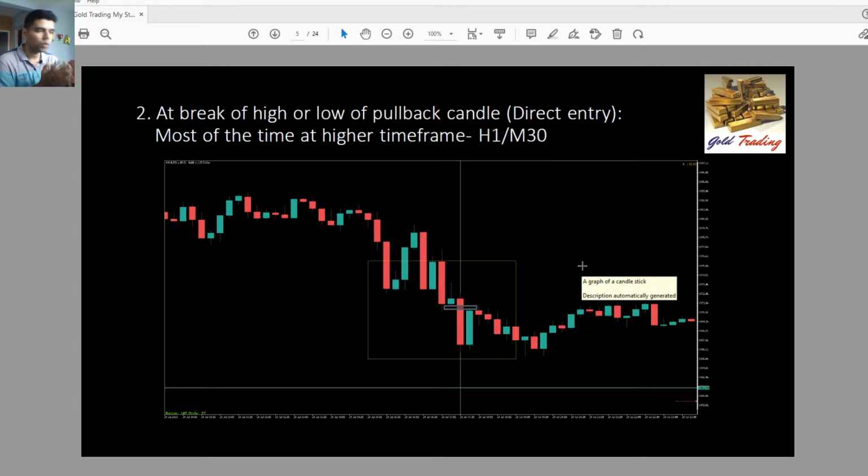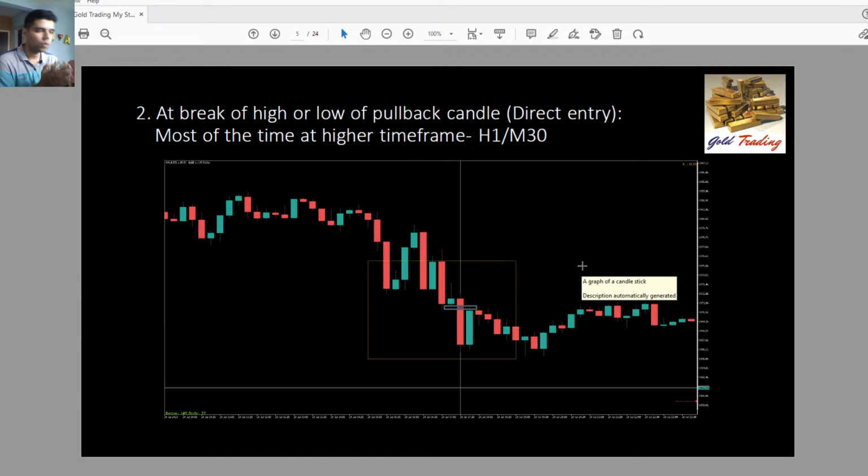So how I correlate different time frames and take entry. I start looking for my entry based on H1 and M30 time frames, and make entry based on lower time frames M5 and M15. Okay guys, so whenever I start taking trade, it's not like I look at only one time frame. So you guys can see on my screen, I look at 6 different time frames at one time.